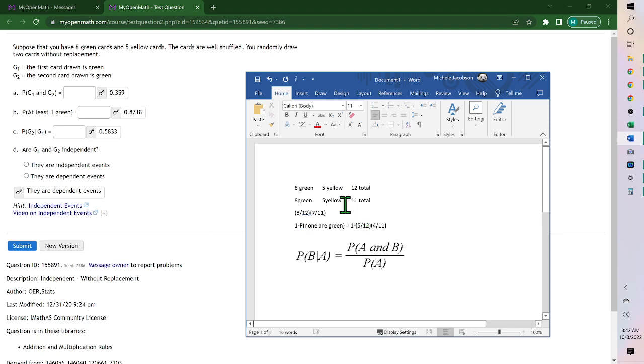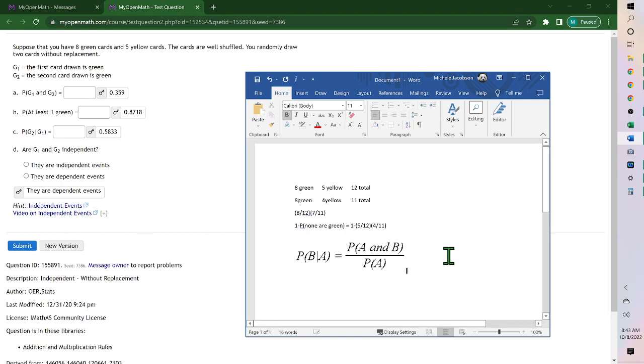Right here, 5/12. But then if that one isn't green, this becomes 4 yellow. So the probability the first one is not green is 5/12. We don't put that one back in there, so now the probability the second one's not green is 4/11. We would multiply those together, subtract them from 1, and you'll get 0.8718.